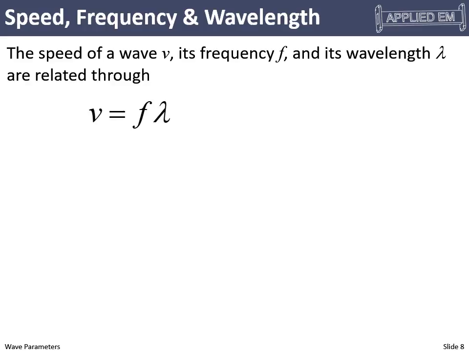Now speed, frequency, and wavelength are related, and this is for any wave. So the speed of a wave is frequency times its wavelength. Now in a vacuum, that velocity is the speed of light. So the speed of light equals frequency times the free space wavelength.